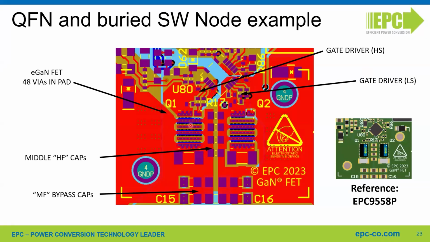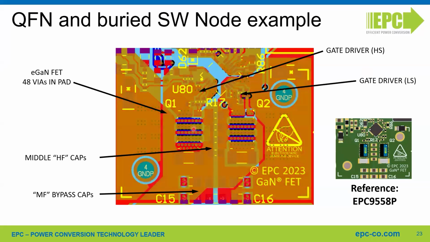So in this case, we start from the high side, from the bypass capacitors, from the positive voltage on the high side capacitor. We connect to the drain of the high side FET. Then from the source of the high side FET, we connect, in the first inner layer, to the drain of the low side FET.